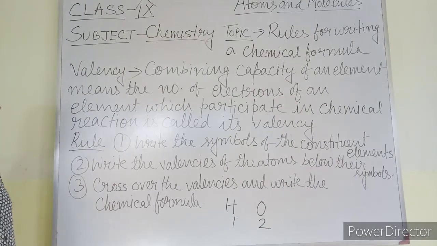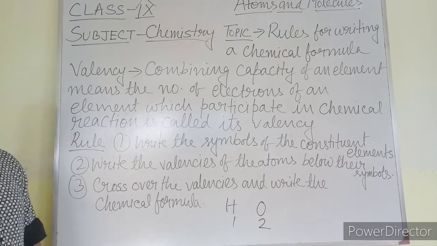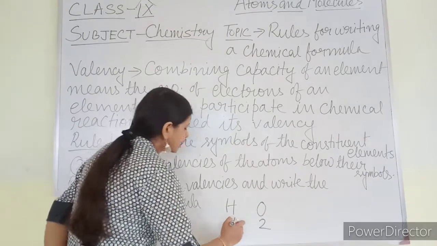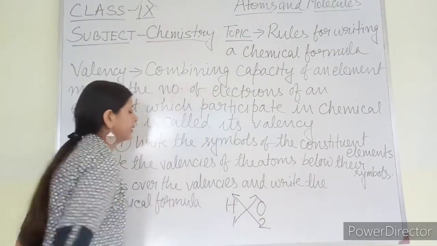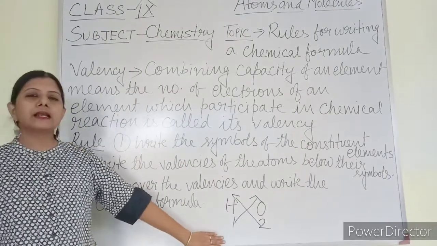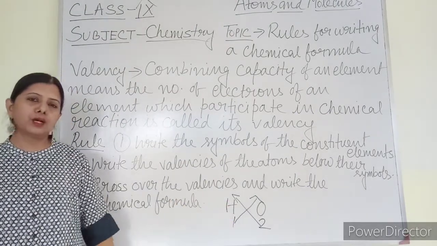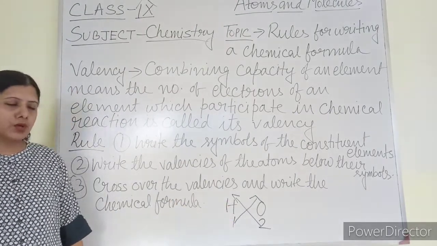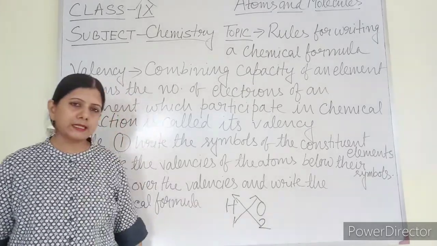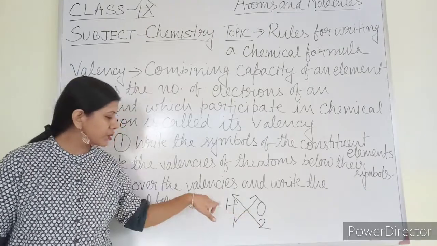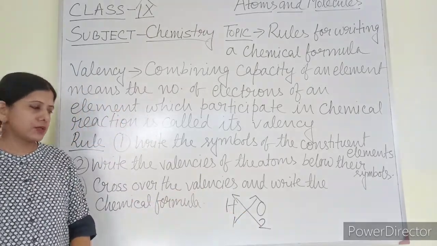Third, cross over the valencies and write down the chemical formula. Crossing over the valencies means I will write this one here and this one here. How to write down the formula? The valency of hydrogen will be the number of oxygen atoms and the valency of oxygen will be the number of hydrogen atoms.